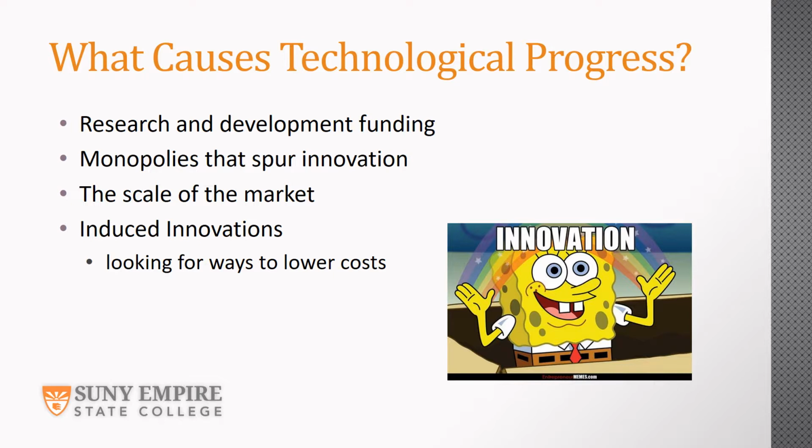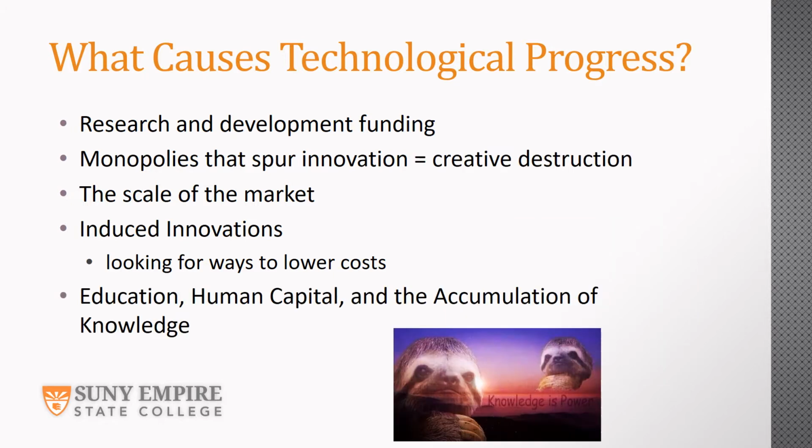This means trying new technologies to find some way to cut costs, which in turn indicates companies trying new innovations, leading to technological progress. The final cause of technological progress is simply that humans learn. We try things out and say, hey, that worked better than what we did before. We determine best practices and then pass that knowledge on to others. We even train others on our newfound discoveries.